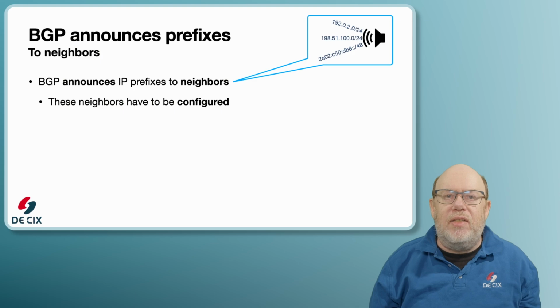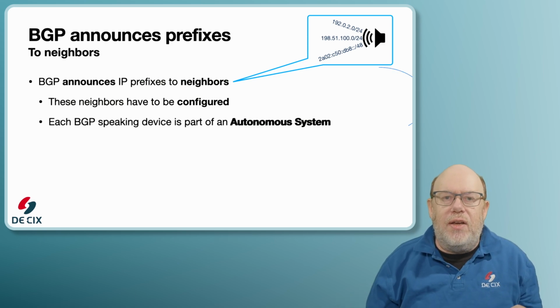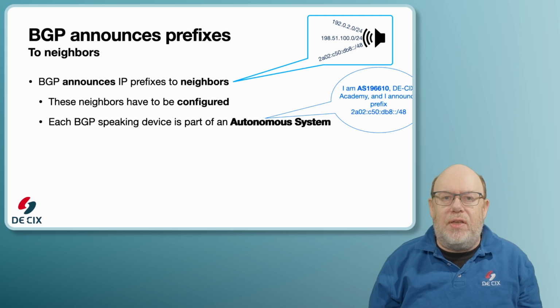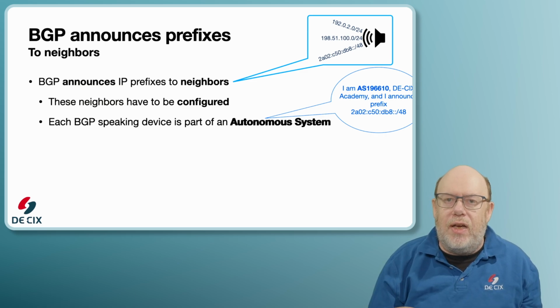So in detail, BGP announces prefixes to neighbors, and these neighbors don't find themselves, they have to be configured. And each BGP speaking device is part of a so-called autonomous system. You've seen that I'm saying I'm AS196610.